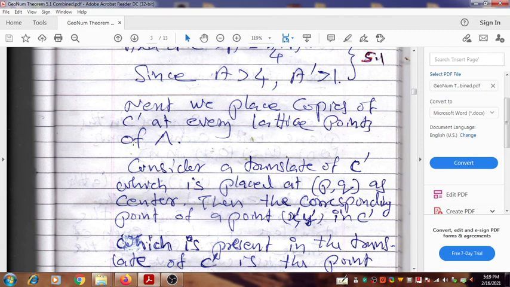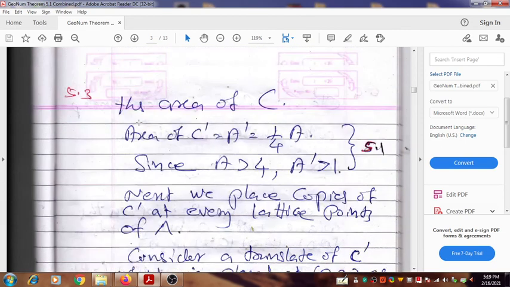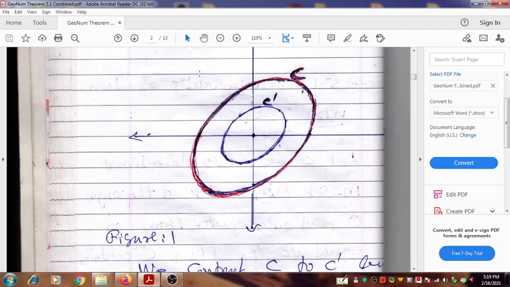At all such lattice points we arrange a copy of the small M set, C dash, or C prime.